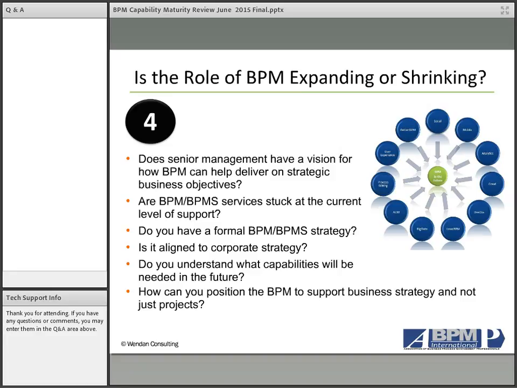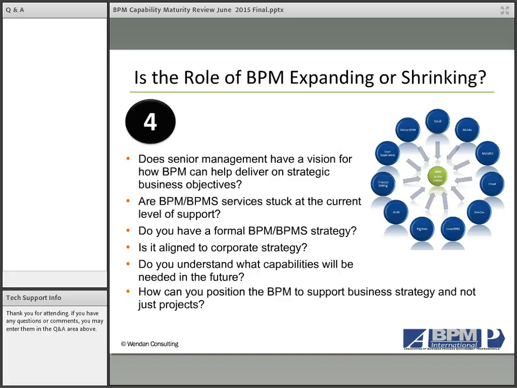Because your placement from a vision standpoint will be based on the perceived value of the BPM operation in the company. So the question becomes then, how do you improve that perceived value? How do you increase the role of the operation in the company?